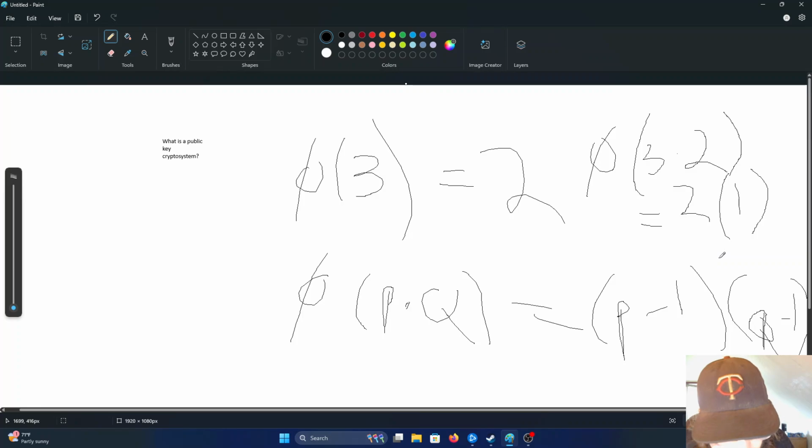I'm not seeing any exercises. Chinese remainder theorem.